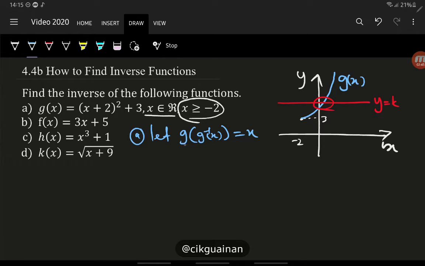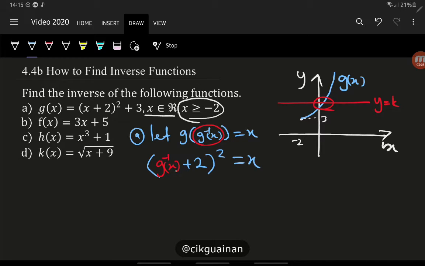So what is g(x)? g(x) is the square of x plus 2. But the problem is this is the object we changed already, so we have to change this into g inverse of x, like this, equals x. Then it's correct.